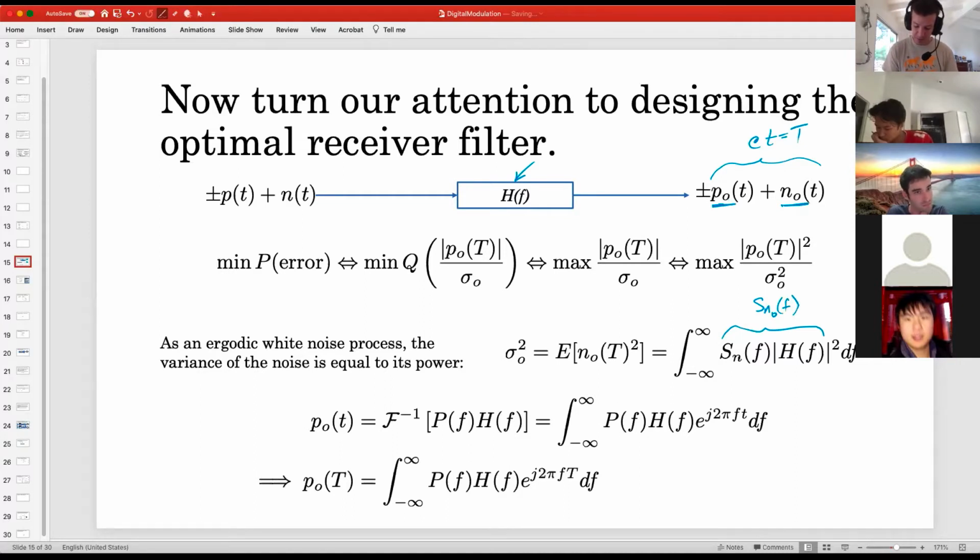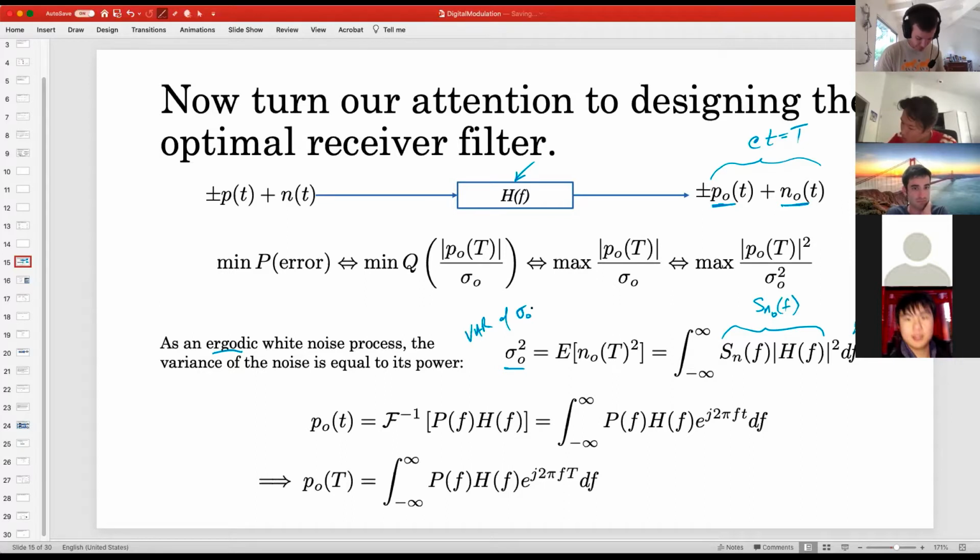So what we're doing on this line is integrating the power spectral density of the filtered noise over all frequencies to get the power, which for ergodic processes is the same as the variance.